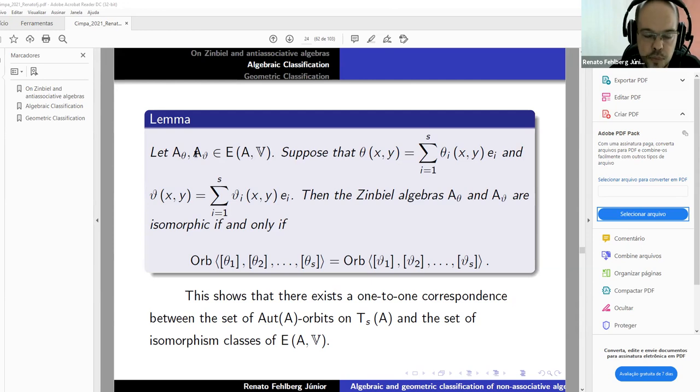And finally, we have that these two central extensions are isomorphic if and only if these two orbits are the same.